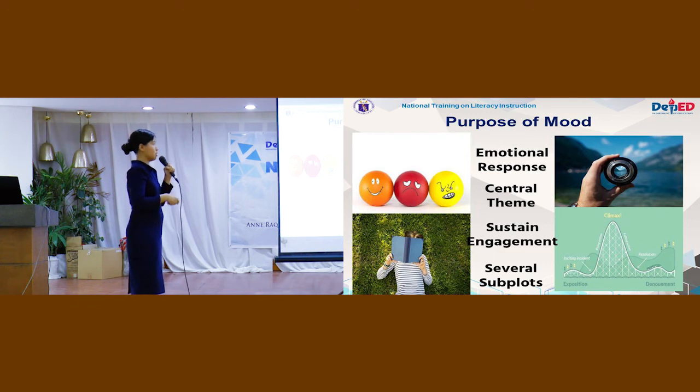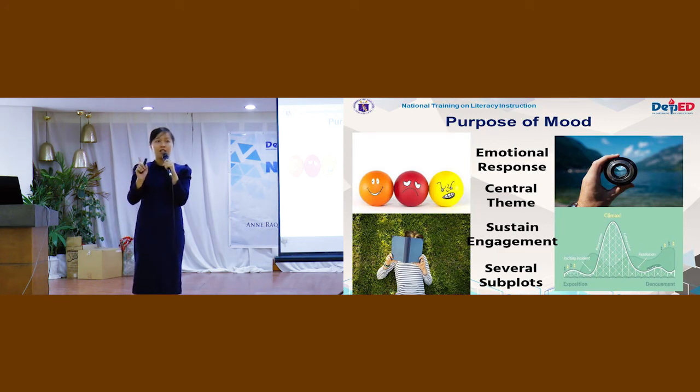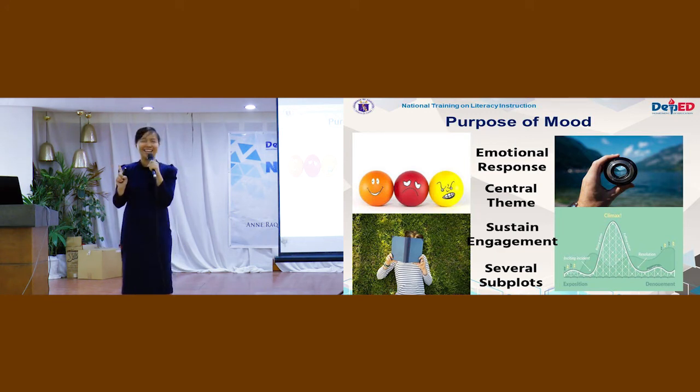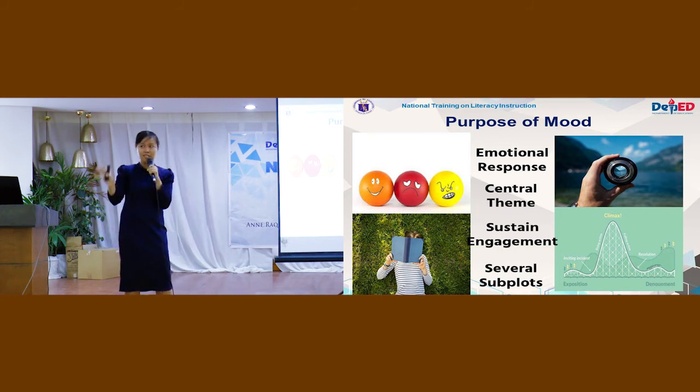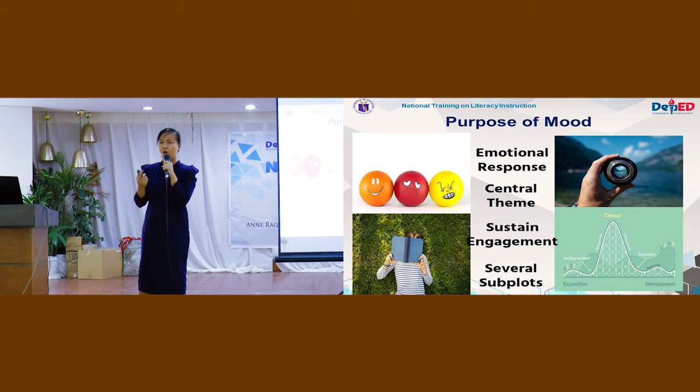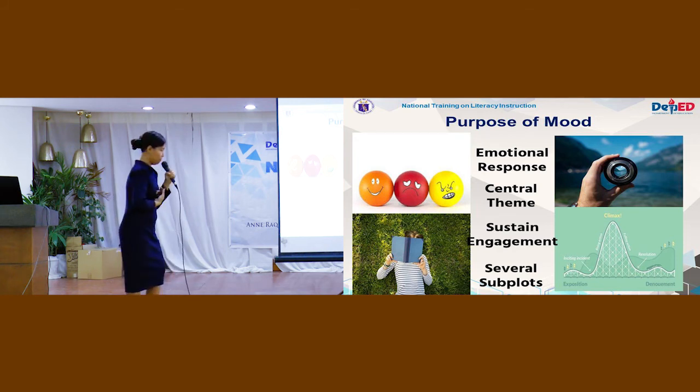So emotional response. Next, mood will help us to understand the several subplots. Okay? The changes. It gives us like a cue from one scene to the next scene. Mood can also help us understand the theme or the universal truth of the story.